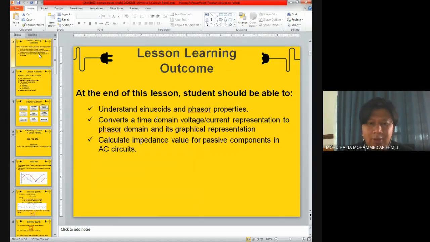The combination of those three components is called impedance. You're going to calculate the value of impedance, and later you will find out that impedance is the combination of two quantities, resistance and reactance. The reactance part is something which I consider new for you guys.